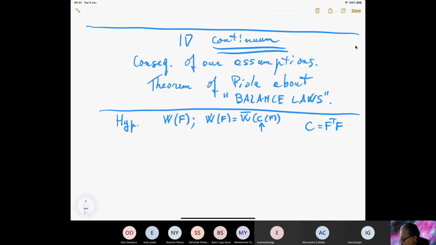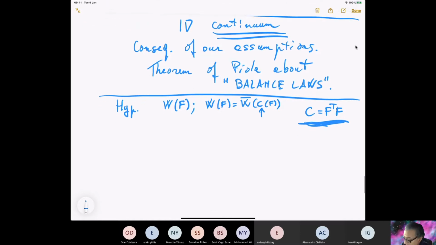So we assume that the deformation energy depends only on the deformation measure. Then we have a meta hypothesis, more general than this, the principle of minimum energy.